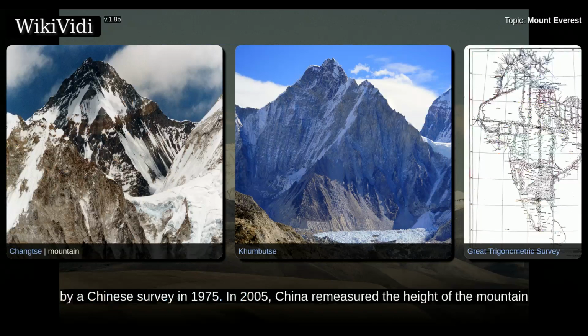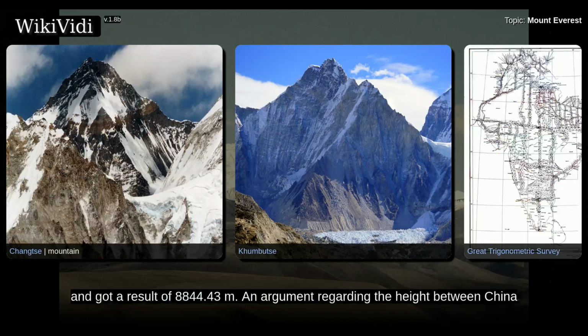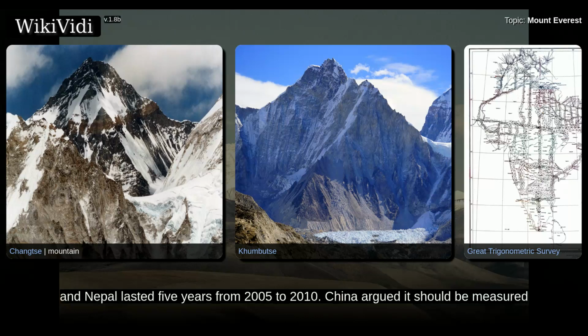In 2005, China remeasured the height of the mountain and got a result of 8,844.43 meters. An argument regarding the height between China and Nepal lasted 5 years, from 2005 to 2010.